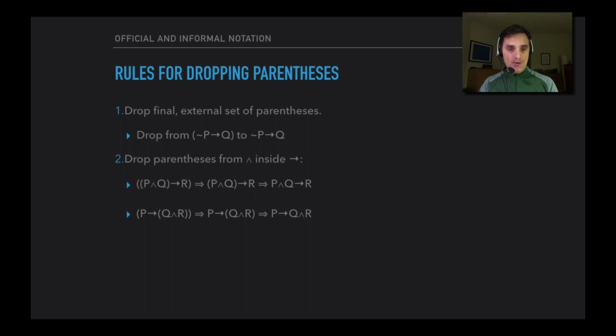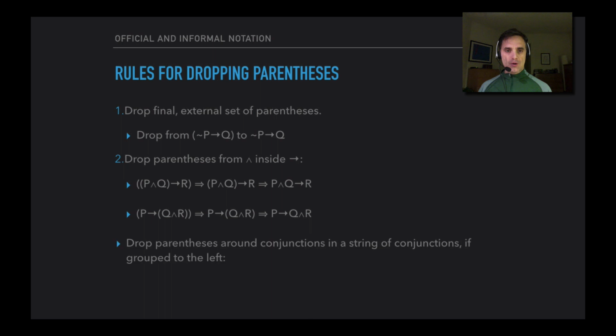And then we can drop the parentheses around the Q and R with this second rule, and we have P arrow Q and R. And so if you ever encounter P arrow Q and R, you know, oh, okay, that has to be if P, then Q and R. It's a conditional. The conjunction is in the consequent because that's the rule. How could you get to this thing without the parentheses? Only if you started with the conditional and then dropped the parentheses according to these two rules.